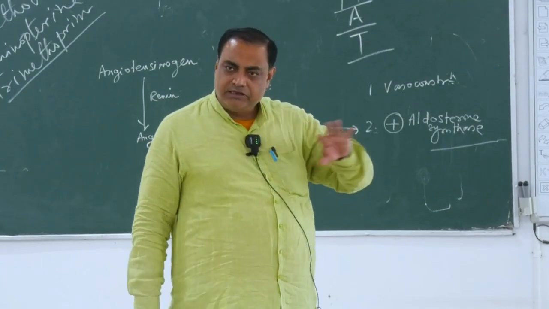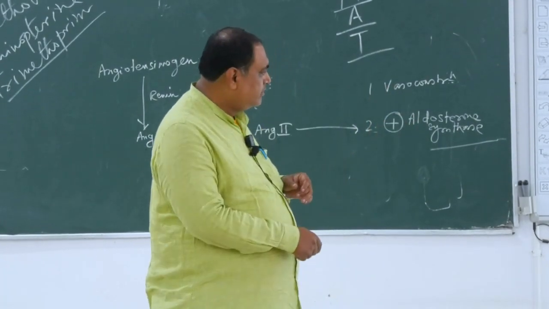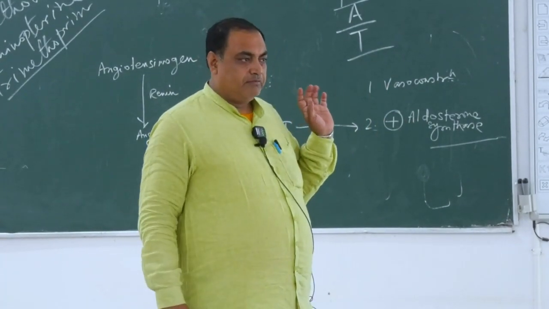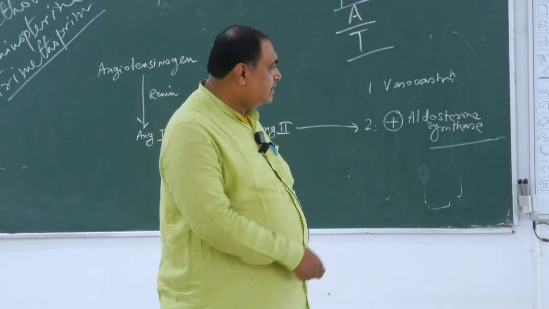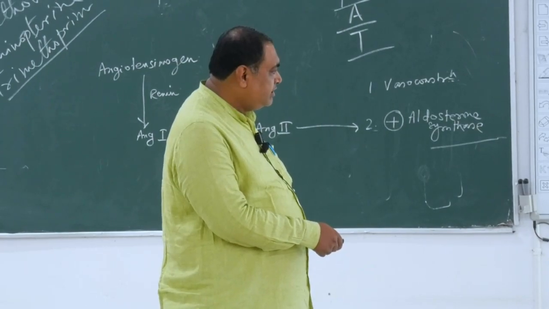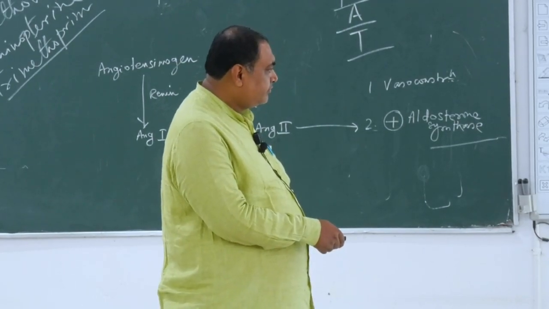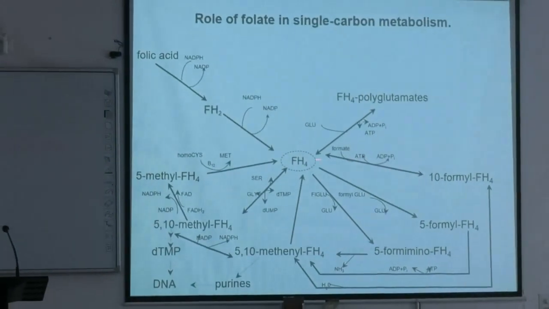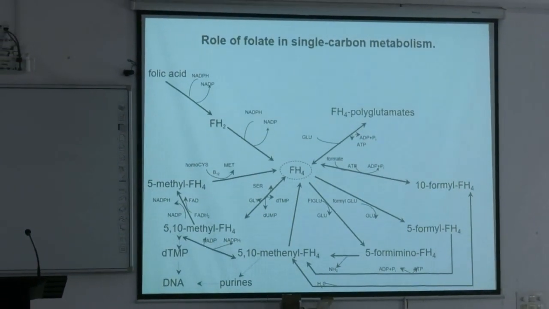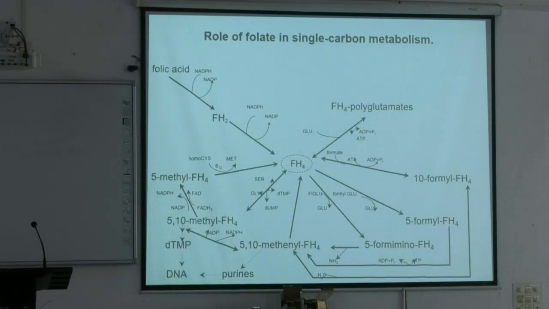So all the folic acid in the body will be in this form, but we require many other forms for other reactions. Say for example, formation of thymine, FIGLU, formyl glutamate, formate, correct? But these are not possible.